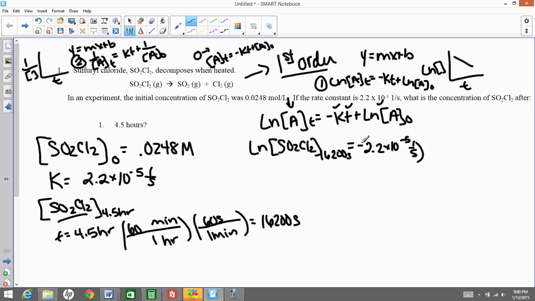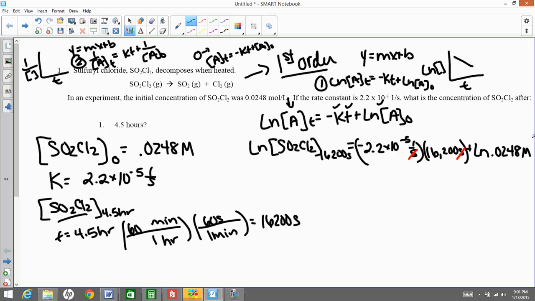1 over seconds. And I know my time is going to be 16,200. Again, you'll notice my seconds cross out. That's why it was important that I converted my hours to seconds. And I'm adding to that the natural log of my initial concentration, so my initial concentration is 0.0248 big M. So I'm going to plug this into my calculator.